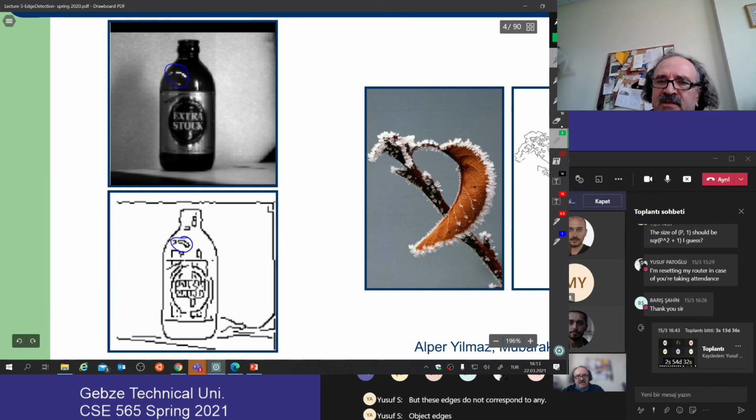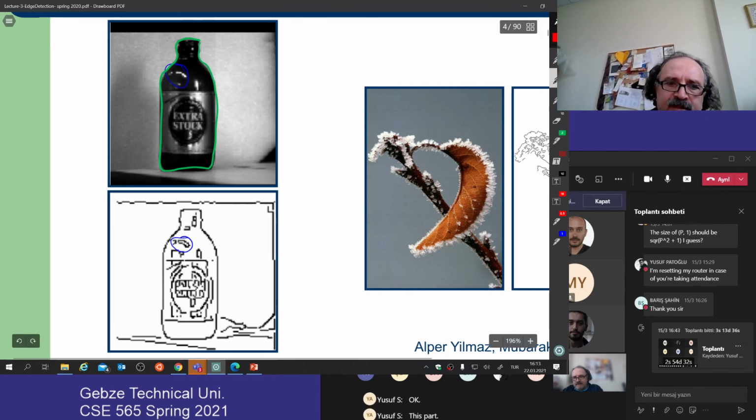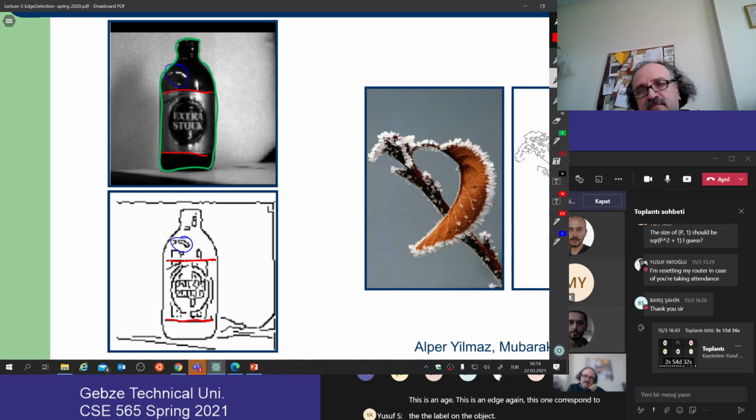Object edges are the ones that I drew with the green pen. This part is an edge, this is an edge again. This one corresponds to the label on the object.